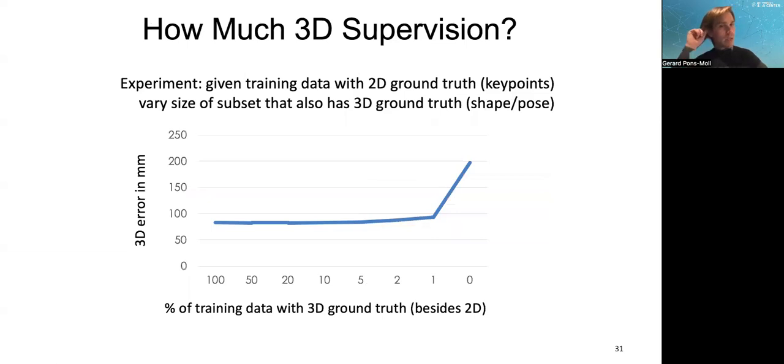All right, so now perhaps the more interesting experiment, because this is key: how much 3D supervision do I need? How much can I get away with just 2D data? What is shown in this plot, on the y-axis, is the 3D error in millimeters. And on the x-axis, we have the percentage of training data that has ground truth, right?